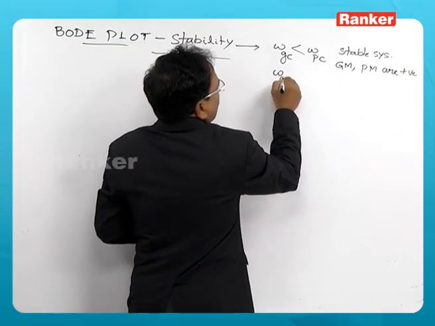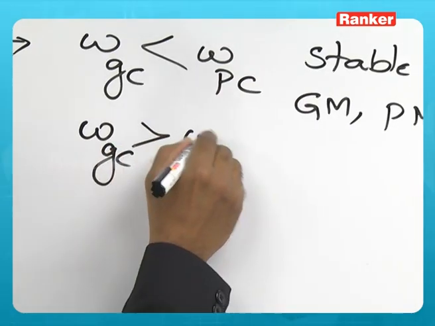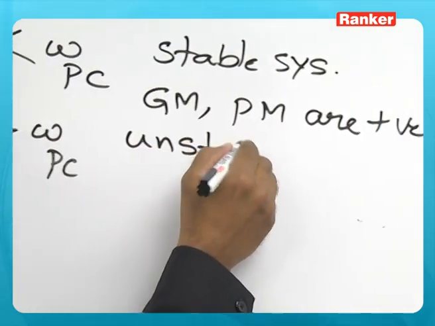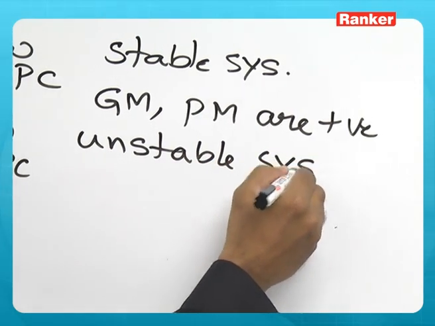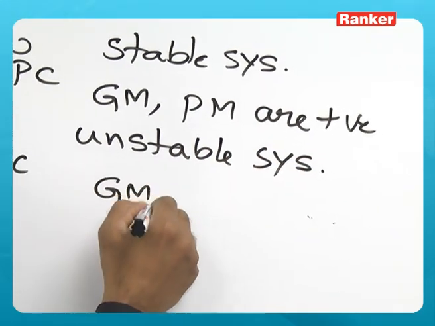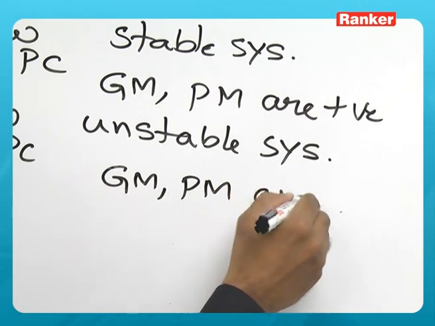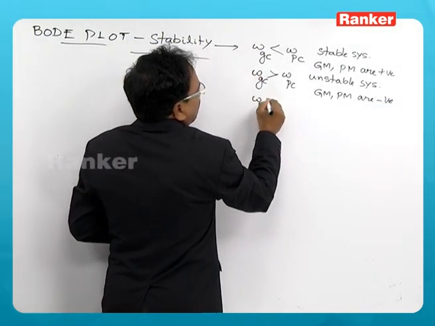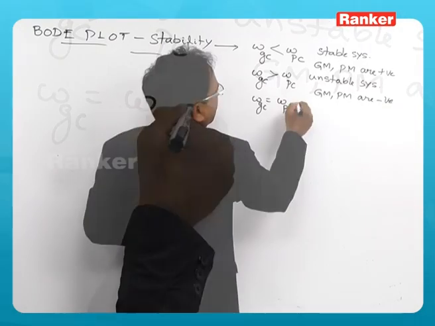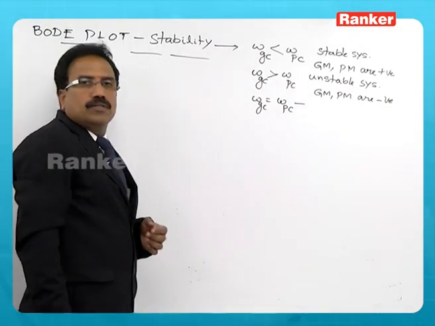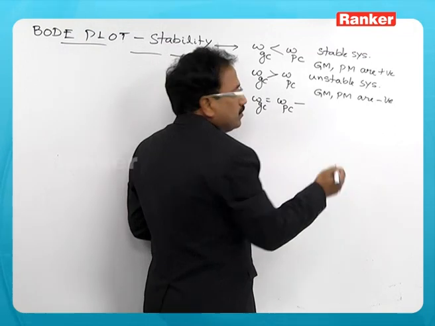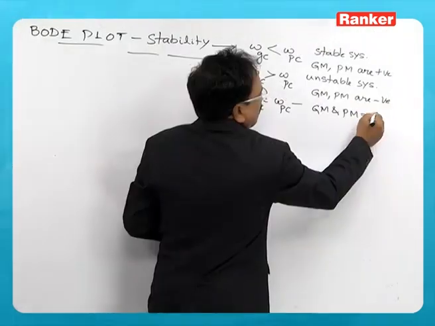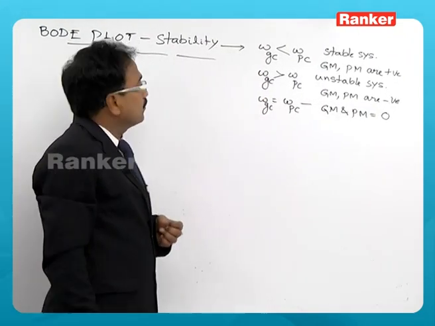When omega gc is greater than omega pc, it is an unstable system because both gm and pm are negative. When omega gc equals omega pc, gm and pm are 0 because there are no margins. So, it is a marginally stable system.